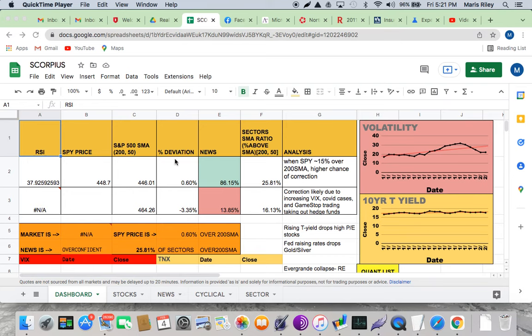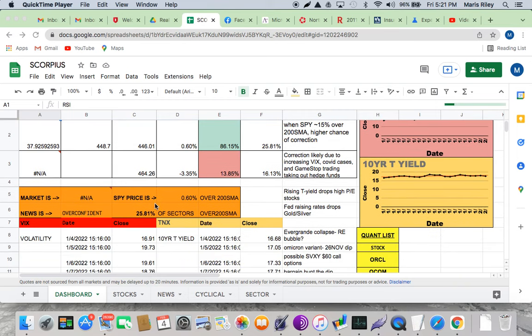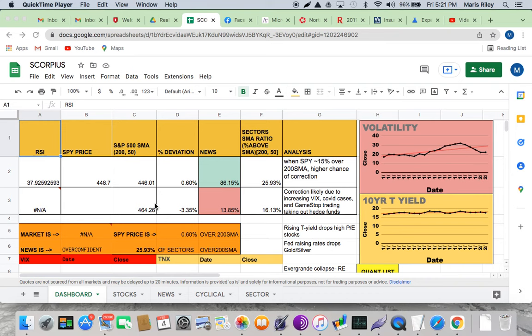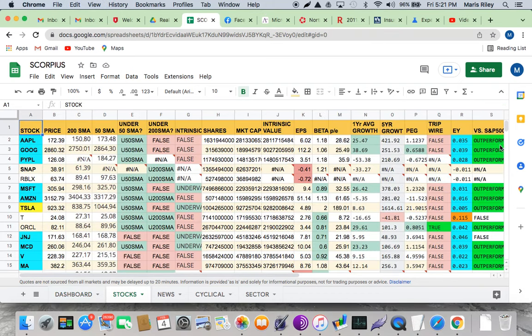So we've got all these indicators, and if you've seen my previous videos, it explains the meaning of these various things on the dashboard, and a lot of the information we have on our stocks tab, right?